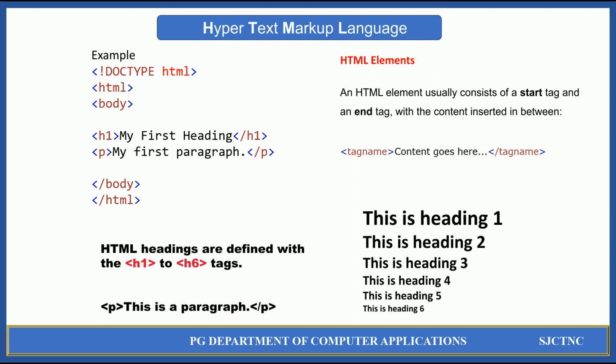Then the h2 tag will give a smaller size. This is heading 2. Then h3 gives it again smaller. This is heading 3. Likewise, heading 4, heading 5, heading 6. The size keeps reducing.